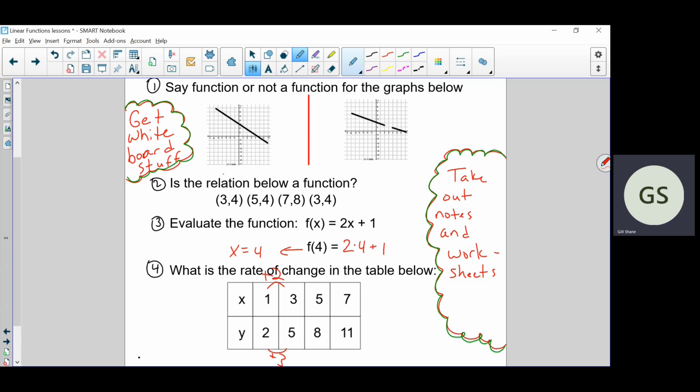probably the easiest way, instead of recreating a brand new table with all the values filled in, like filling in the 2, the 4, the 6, if I just need the rate of change, is to just plug it into the formula. This is the formula, right? So you should have that formula easy to access.